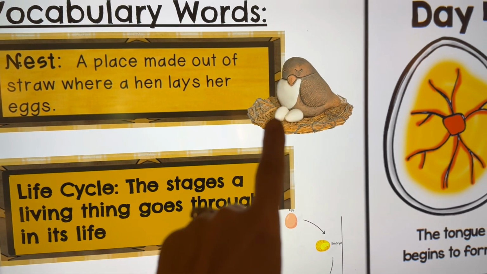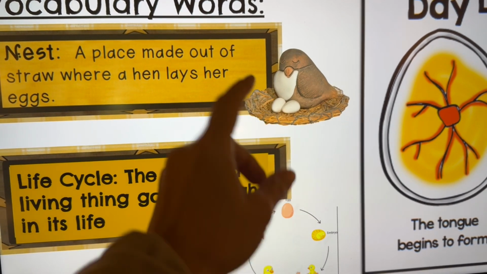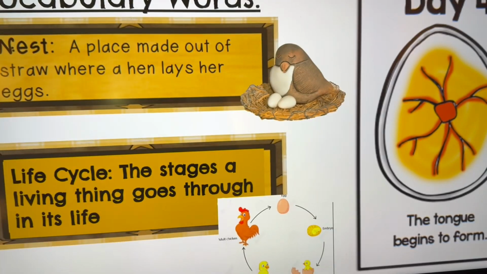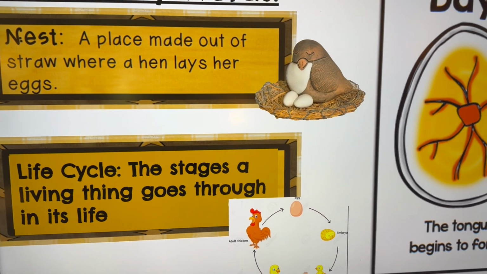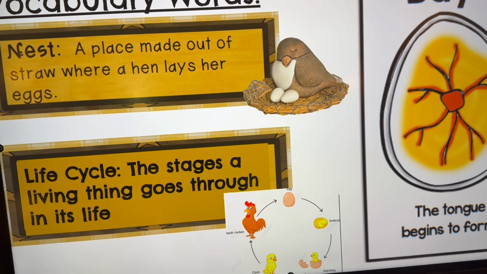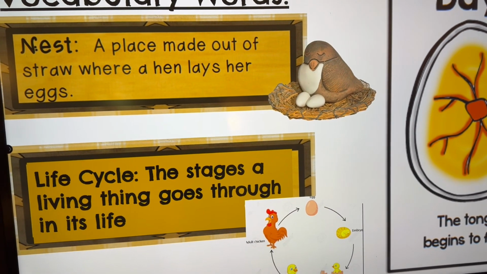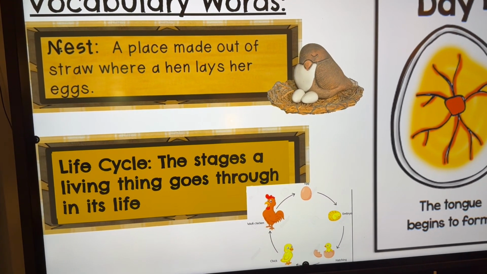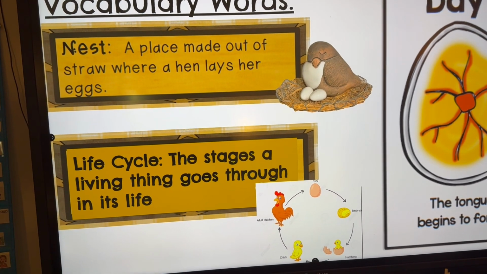So even though there may have been 6 or 8 other hens who laid eggs there, one hen will claim them as hers. And she'll start that process of sitting on top of them for 21 days. Then when those chickens hatch, even though she's not the one who laid all of them, they will become hers. She will become their mom. They'll follow her around everywhere and listen to her, and she will take care of them.